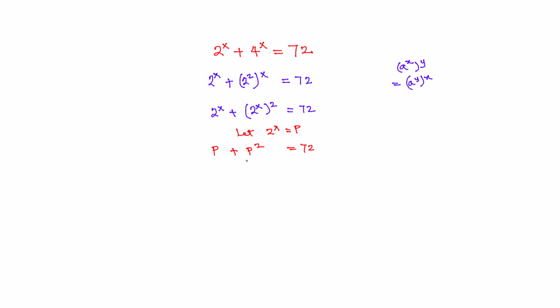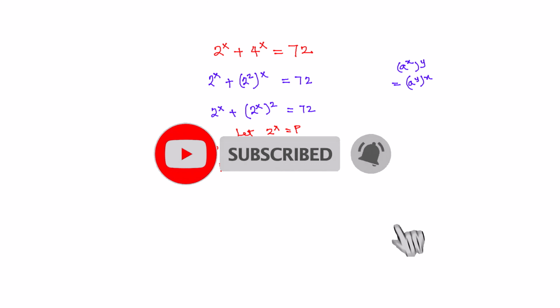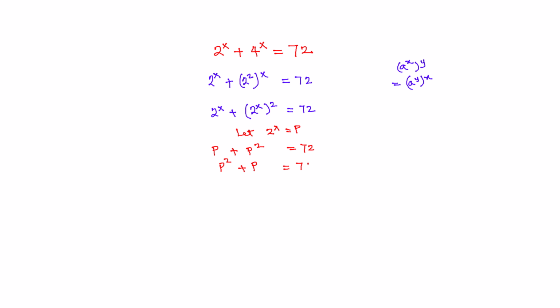Or better still, if I rearrange this in descending order of power, this is p squared plus p is equal to 72. If I bring 72 to the left hand side, I now have a quadratic equation which is p squared plus p minus 72 is equal to 0.